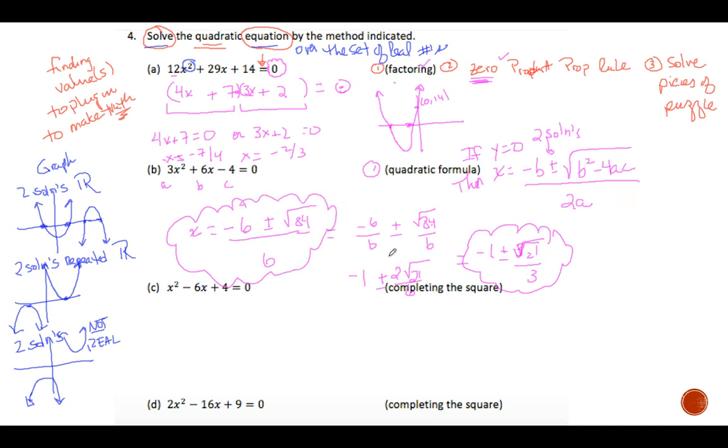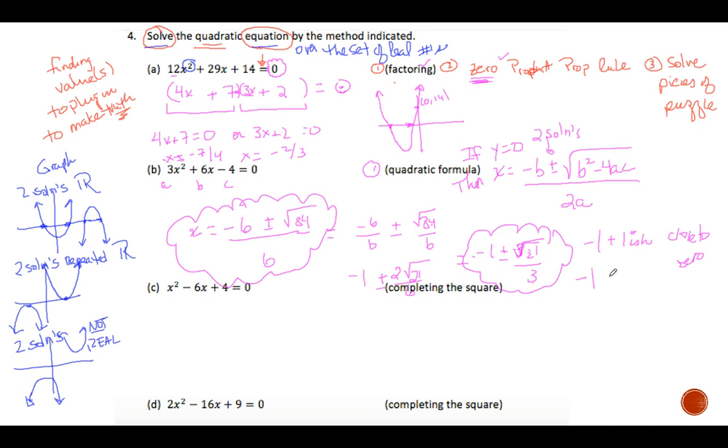You do need to be able to visualize what these things are, right? The square root of 21 is a little bit smaller than 5. So -1 plus 4, well, so I should say this. 4-ish divided by 3 is bigger than 1, right? So -1 plus a number that is 1-ish is pretty close to 0, right?